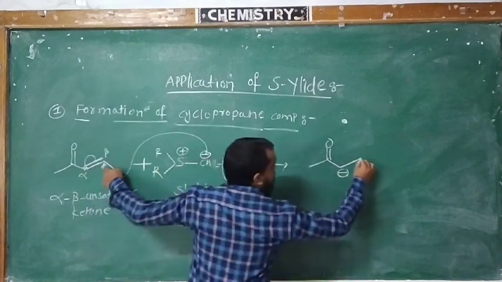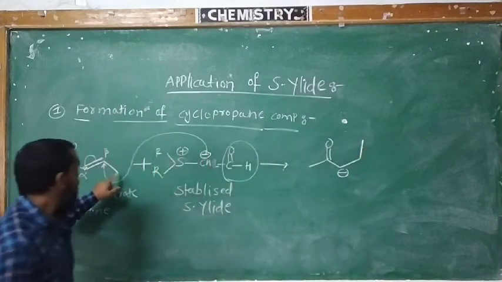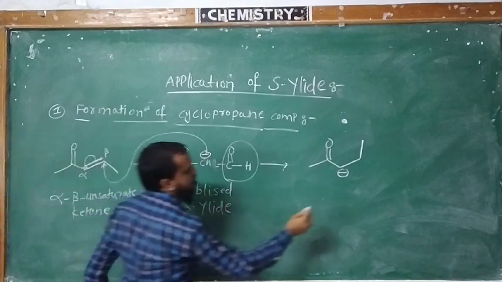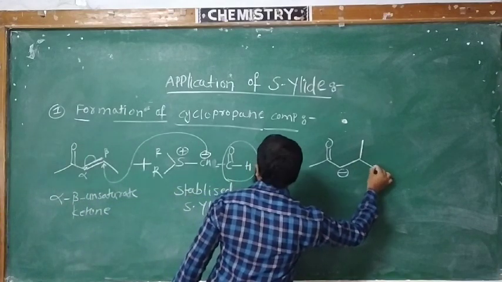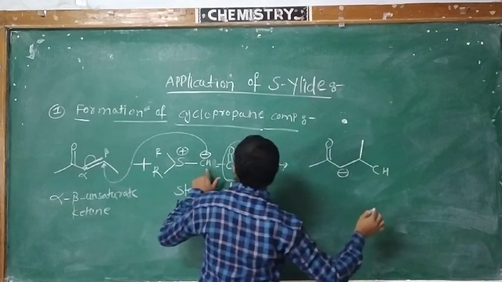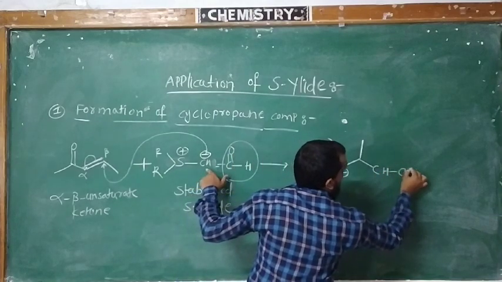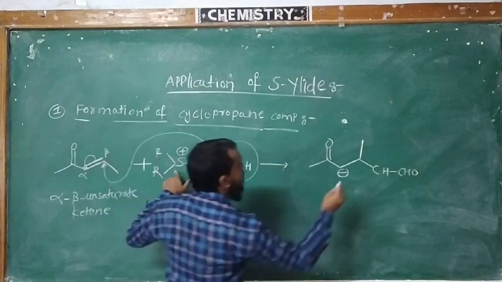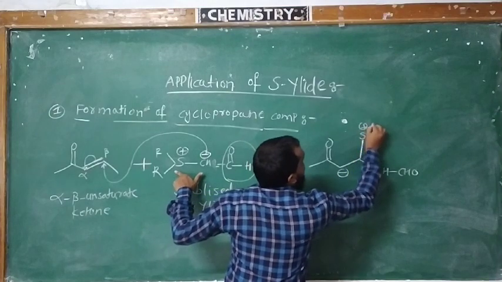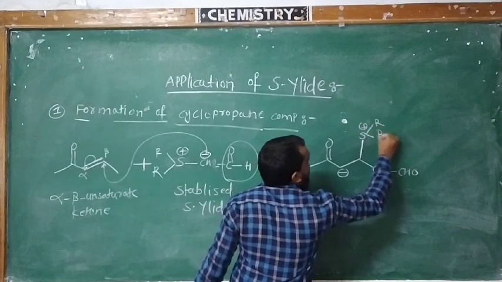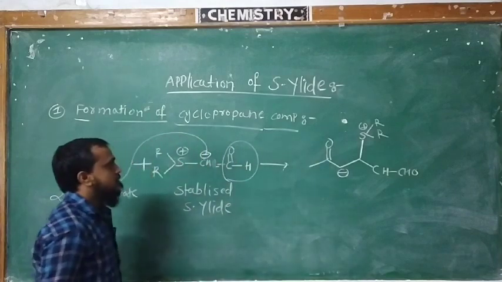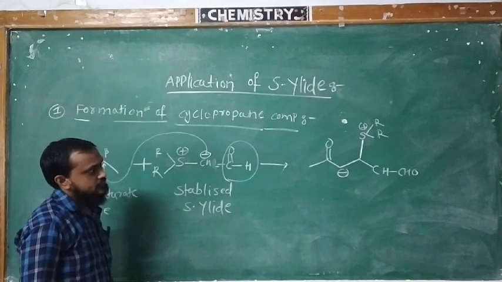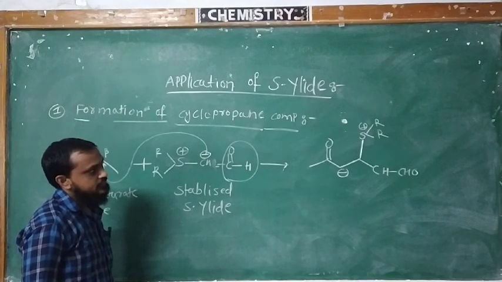This is our one methyl group, and this carbon attacks this carbon atom to form a bond. This CH has one carbonyl group, and it also has a sulfur positive dimethyl group. So this is our beta intermediate.